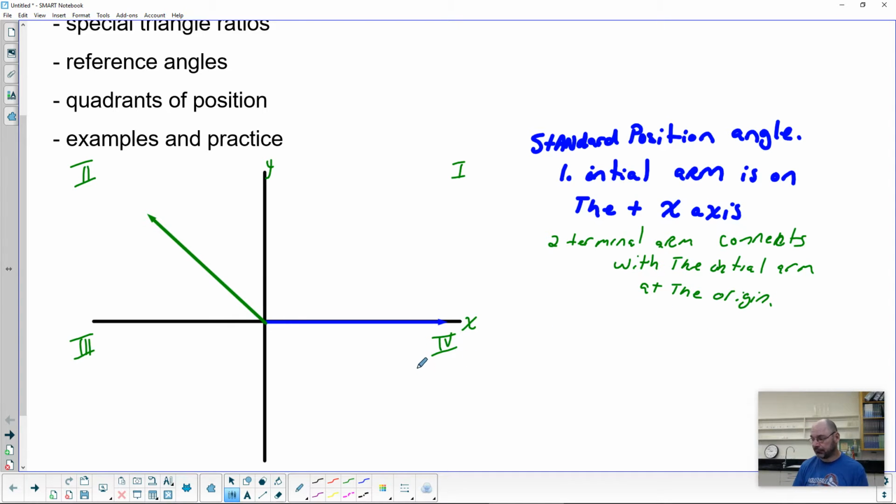Okay, so there we have it. Now let's say that this one rotates. We'll use purple here.